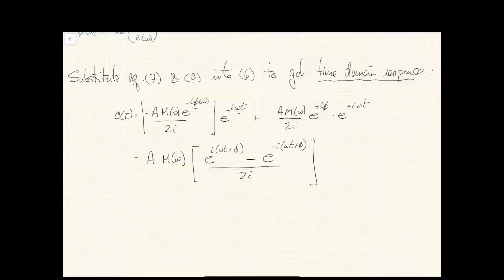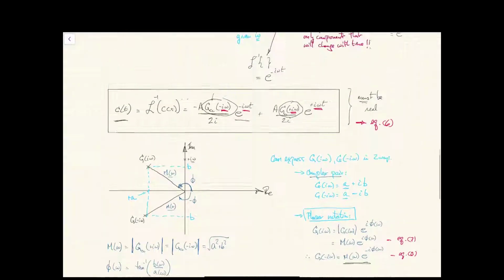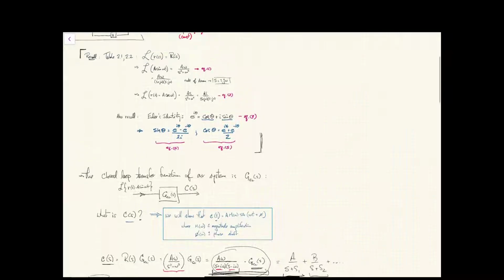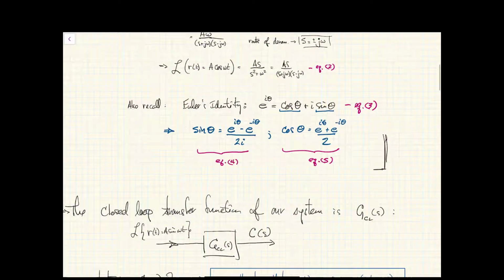Wow, okay, so it looks ugly at first glance until we remember equation, was it 4 from above? Or were all these equations that we started off with? Yeah, manipulations of Euler's identity, which gave us this nice equation 4 here.